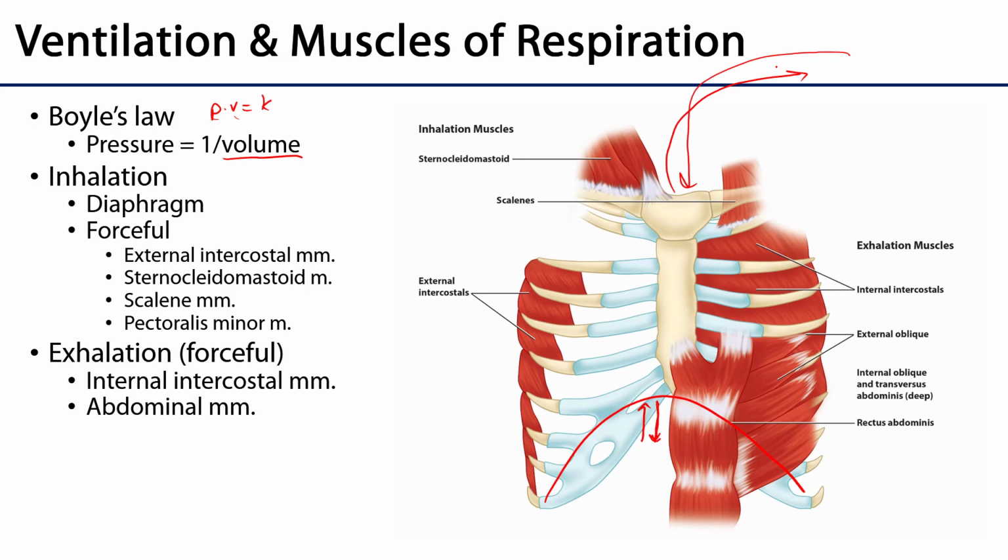So the external intercostal muscles, as you can see here, they have more of a lateral approach, and what happens when they contract, they pull the ribs upward and outward. By pulling the ribs upward and outward, the external intercostals, as they contract, are going to increase the volume and therefore decrease the pressure.